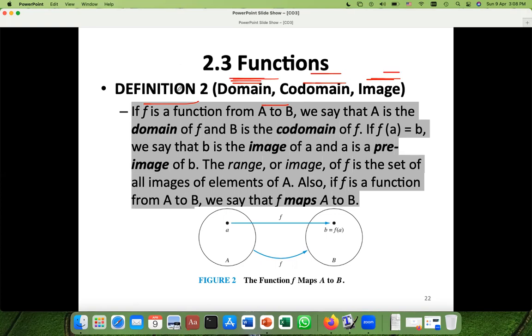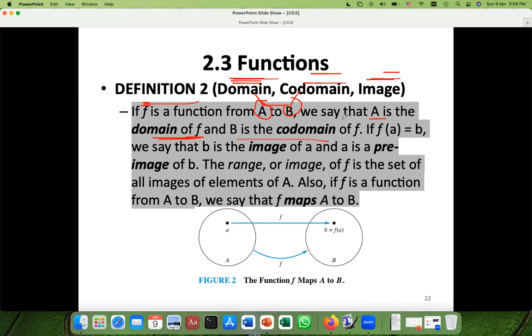So now suppose we have some function f from A to B. What is the domain of f? The domain of f is A. If you have a function f for two sets A and B, the domain of this function f would be the set A, which is written here. And the codomain of function f would be the set B, which is written here.